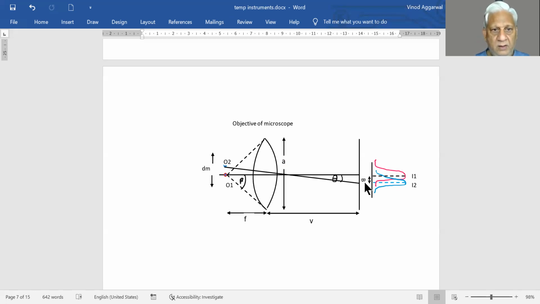Okay. So let us say this is DM, distance between two objects, O1 and O2, close to each other.